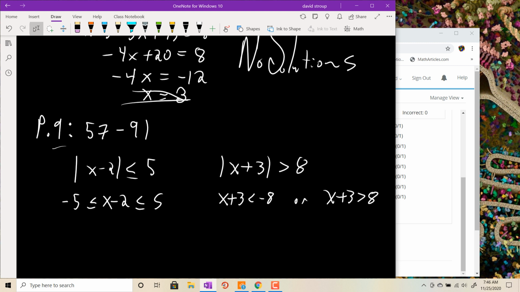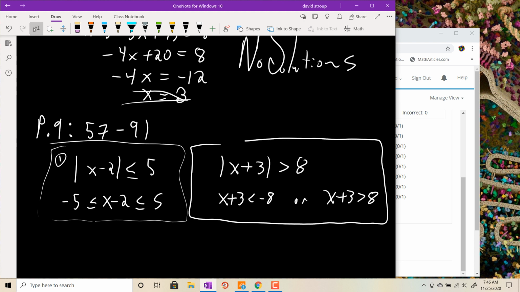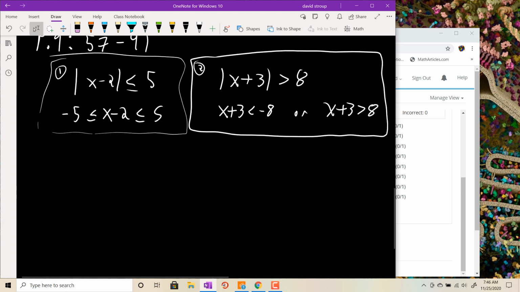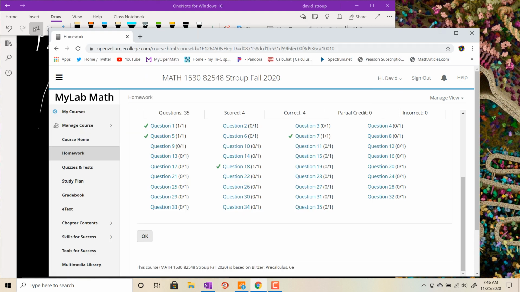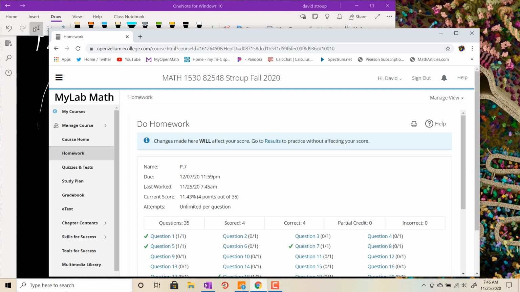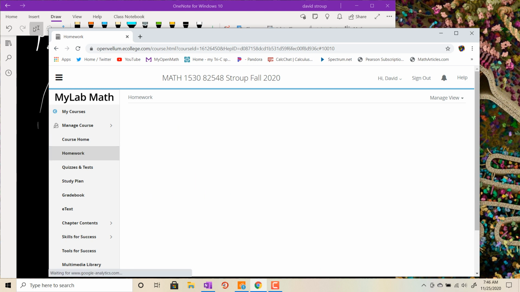So there's really only two types of problems here. This first type, and it's all determined by the direction of the inequality. The hard part is sometimes in the problem, they'll kind of try to mix everything up, and you have to rearrange it to put it in one of these forms to figure out how to solve it. Okay, let's go to P9 and see how that goes.